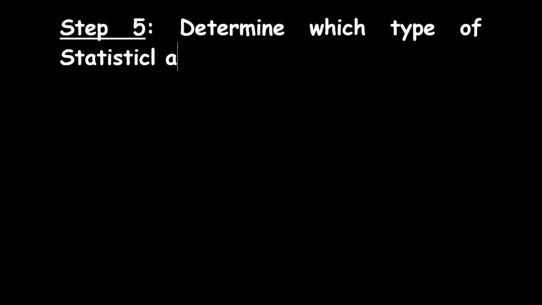Next is step 5. Determine which type of statistical analysis to use. The next step after checking for normality of data is to determine which type of statistical analysis to use.